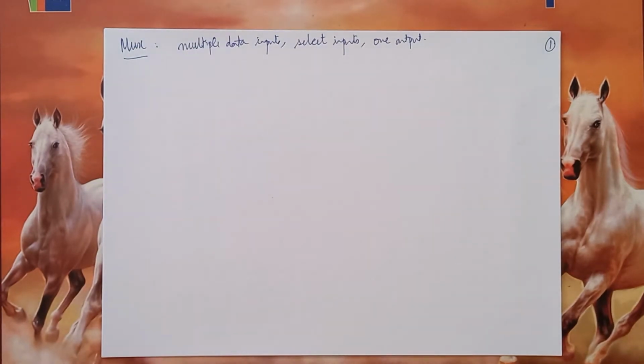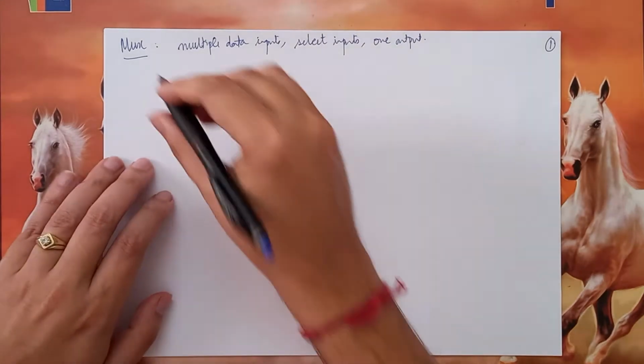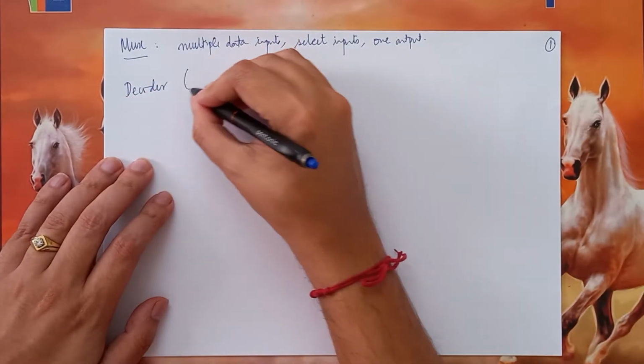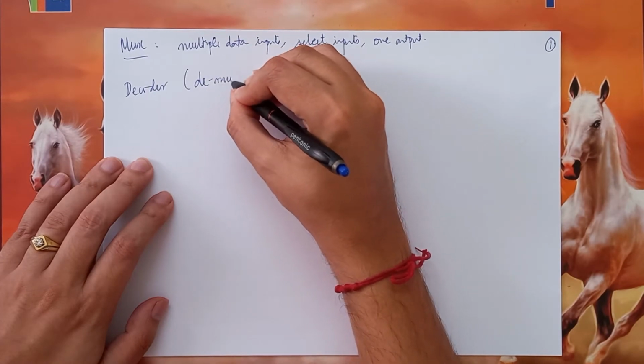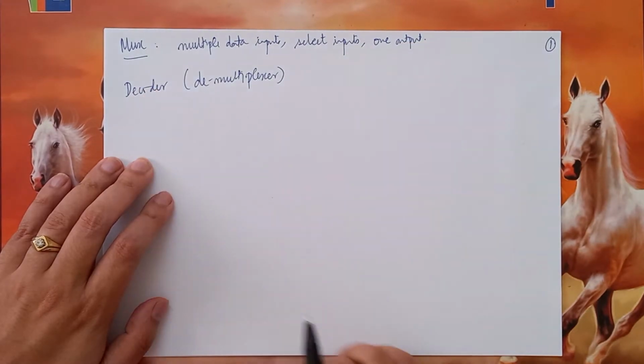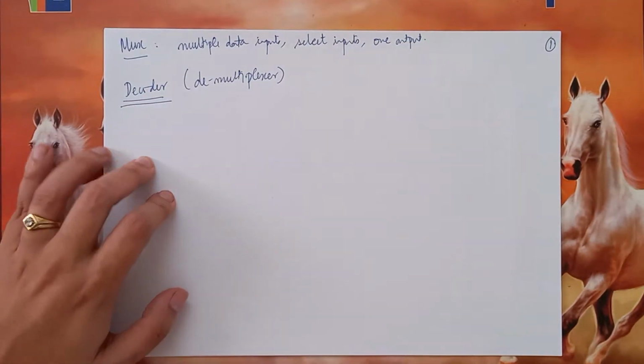So to realize more logic functions without making the circuit too complex, we introduce another MSI circuit block that is essentially the opposite of the mux. The opposite of the mux or the multiplexer is called a decoder. Sometimes it's also called a demultiplexer, although the word decoder is more popular.